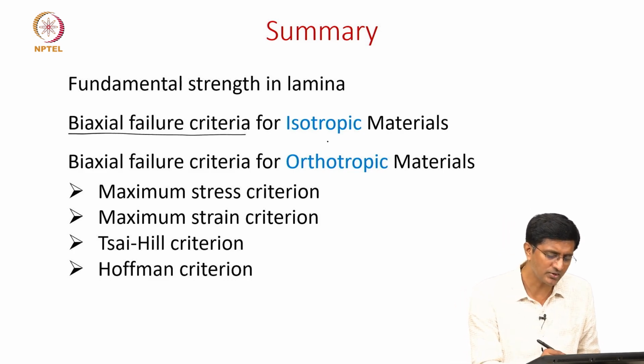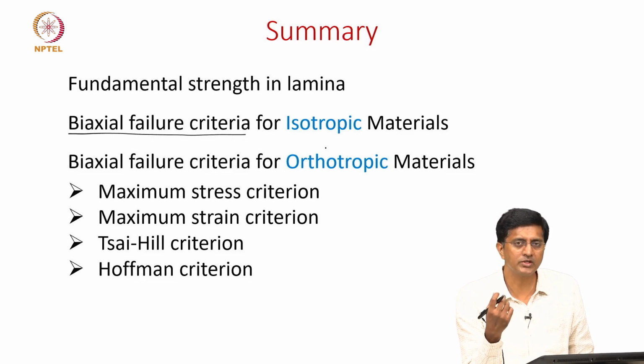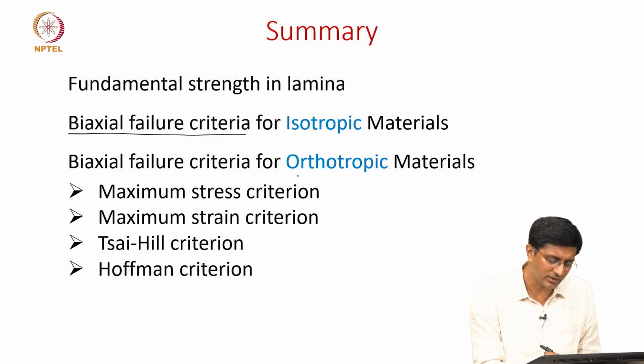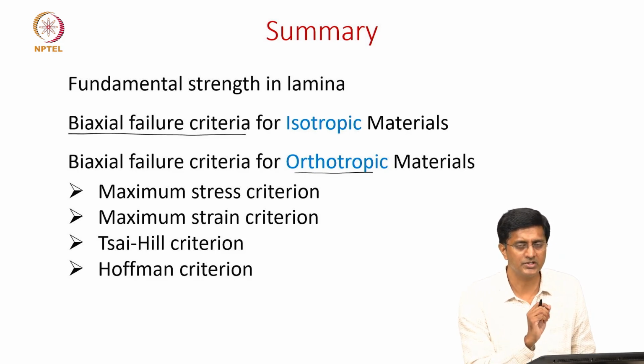So we started with the isotropic materials to give some review of what we meant by failure surface or the failure envelope. In the isotropic materials, we were using the principal stresses to come up with this failure surface or the envelope. But when we discuss the orthotropic materials, we made a few changes.